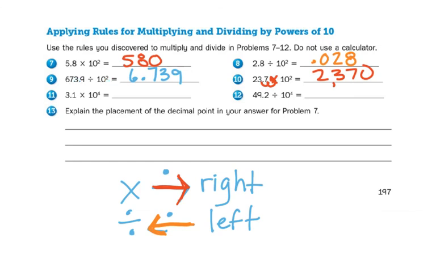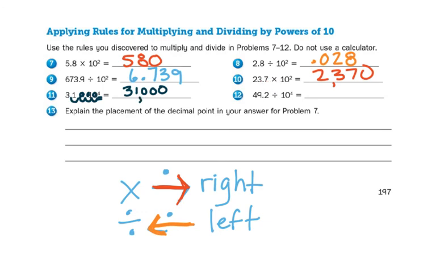Number 11, I'm multiplying. 3 and 1/10 times 10 to the 4th, so I'm going to have to move it 4 places. So 1, 2, 3, 4. I have to put in 3 zeros. The answer would be 31,000.